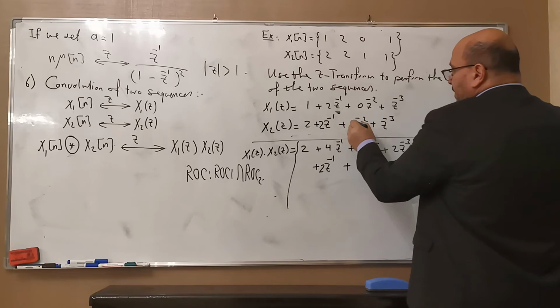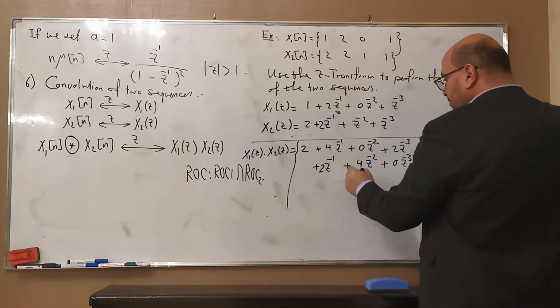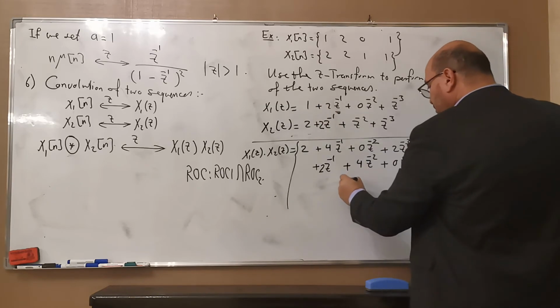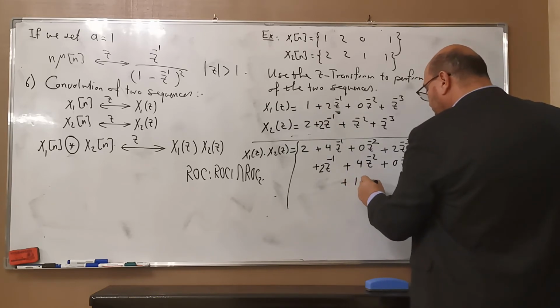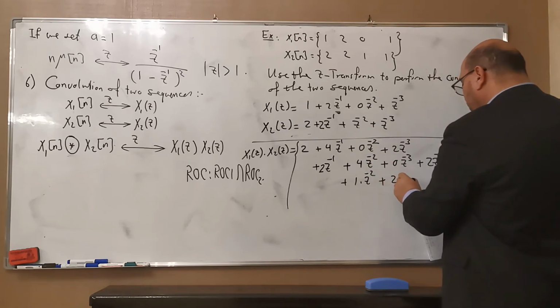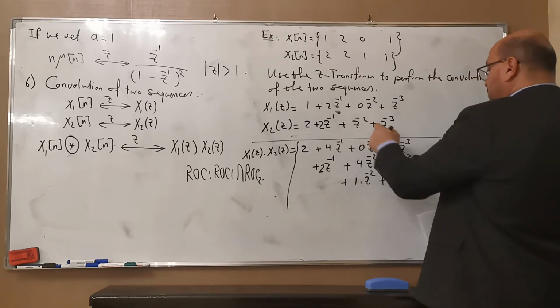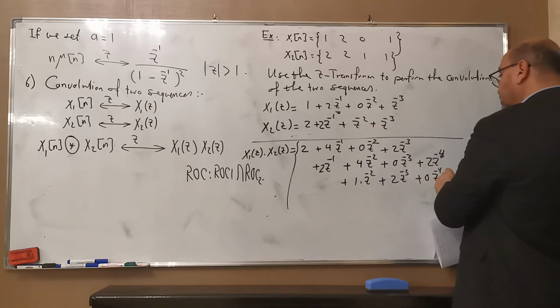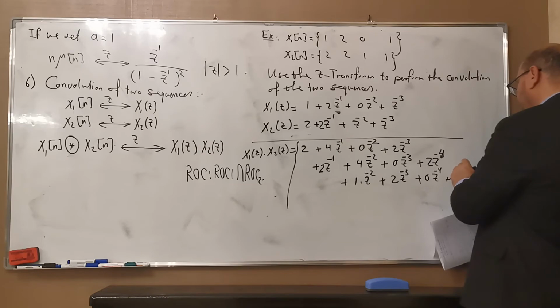Okay, now I'm going to take the third element, which is 1, so 1 times Z to the minus 2 plus 2Z to the minus 3 plus 0 Z to the minus 4 plus Z to the minus 5.